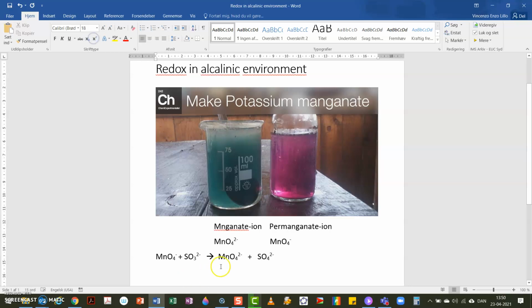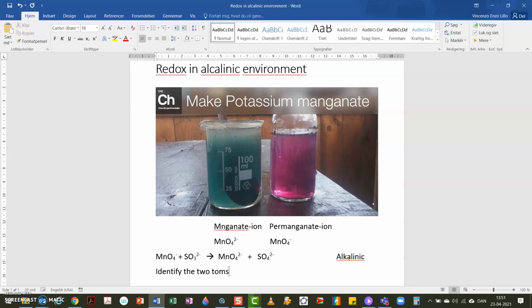So the sulfite ion becomes the sulfate ion. The SO3 2 minus becomes the SO4 2 minus. And that's in alkaline, meaning we add OH minus when it's needed. All right, so identify the two atoms.